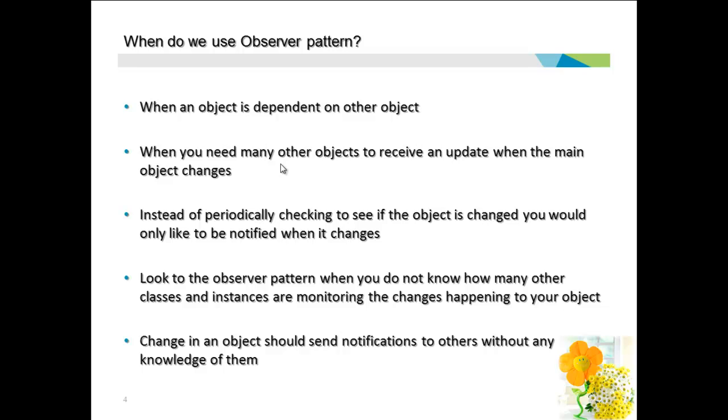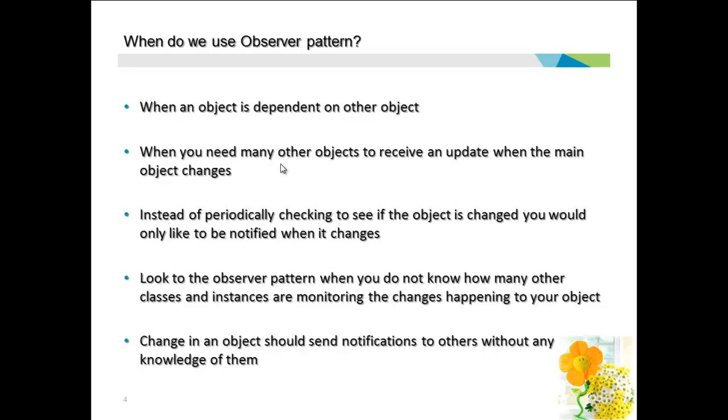They will get registered for the weather updates from the weather forecast station, and individual users like you and me would want to get the weather update notifications or weather alerts, weather warnings, okay, those kinds of things. Or some TV station is also registering for the weather updates, and a radio station will also get registered for the weather updates. So that's the example that I'm going to take in order to demonstrate the observer pattern.